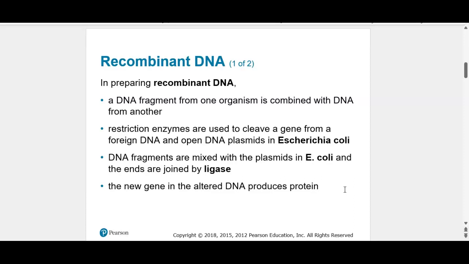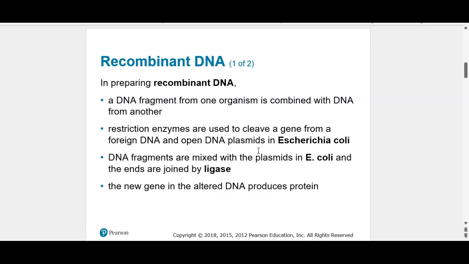They talk about DNA plasmids, which a plasmid is a small circular piece of DNA that shows up in E. coli. It isn't necessarily the main genome, but these little circular pieces are easy to work with, and you can isolate them, you can cut them, and you can put other things in them.